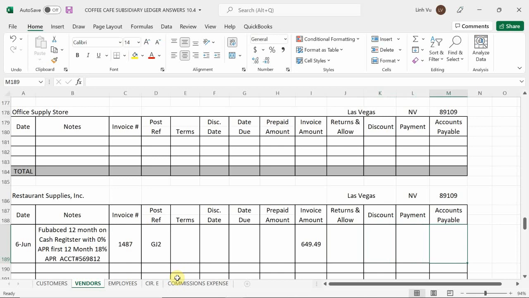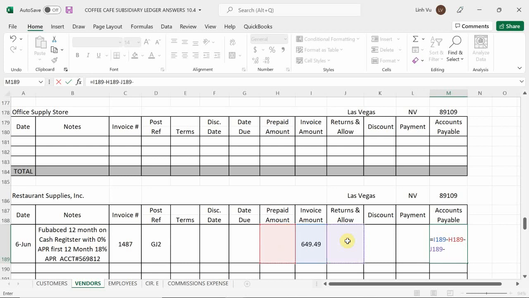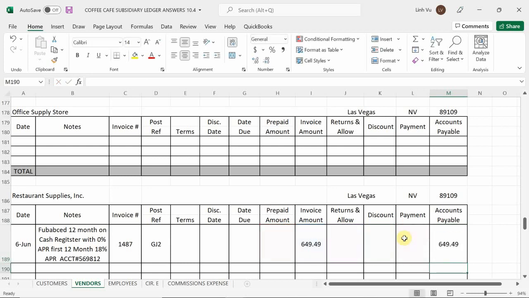So this is where the formula is going to apply, right? I have an invoice amount, okay? I'm going to subtract any prepaid, any returns, any discounts, and any payments. So therefore, because I didn't have any of those, it tells me that I owe $649.49. And that is true.